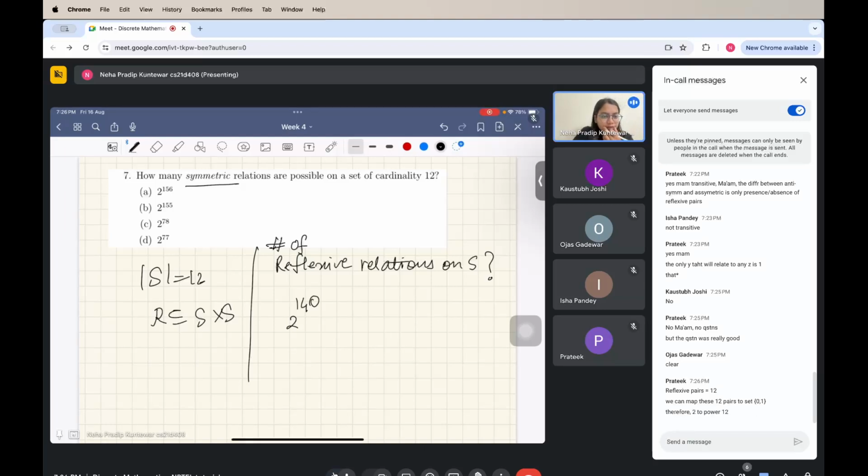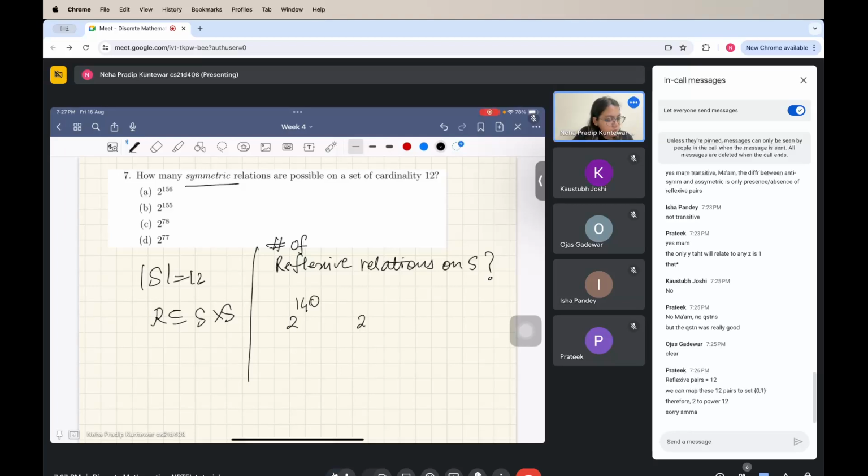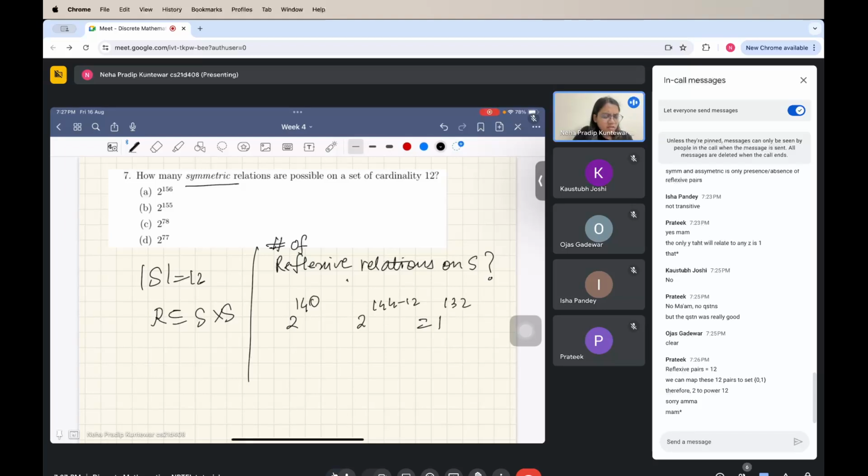Okay, so I think, ma'am, it would be 2 raised to the power 144 because we have to multiply 2 to the n. Yes. So it is 144 minus 12, which is 132. 2 to the 132?